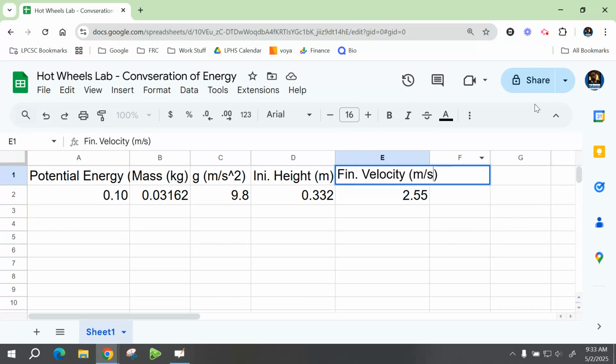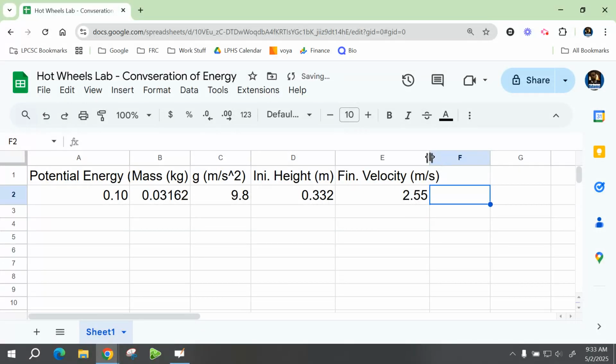All right. Any questions so far? So you should have similar numbers. If your mass is different, it still should be close to about 2.55. Okay? You guys are going to need to take two parts of your track off this first one because your track's too long. You're going to have really low numbers.